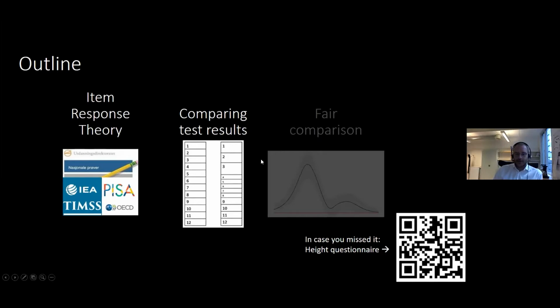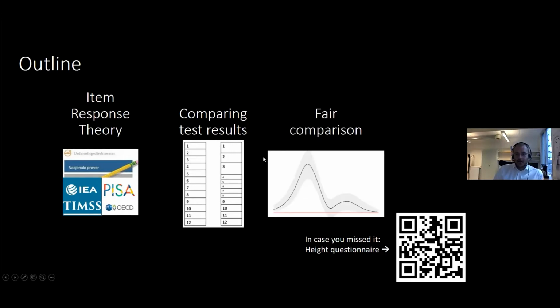But this allows us to do that. But when you compare test results, it's also important that this comparison is fair. And that's what I'm going to finish with. And it's going to be about something called differential item functioning, but more on that later.